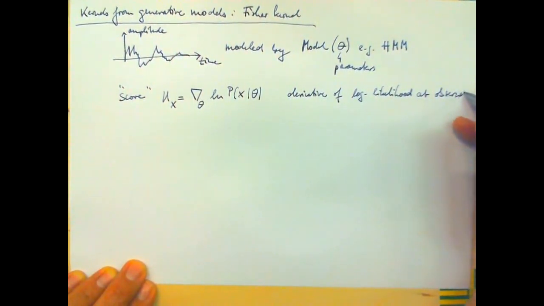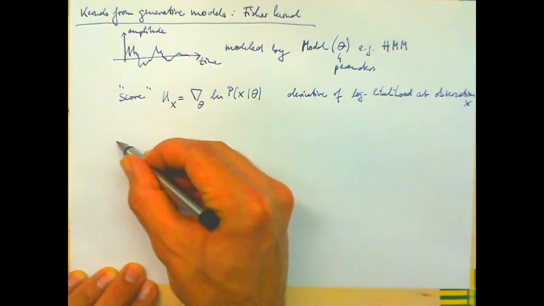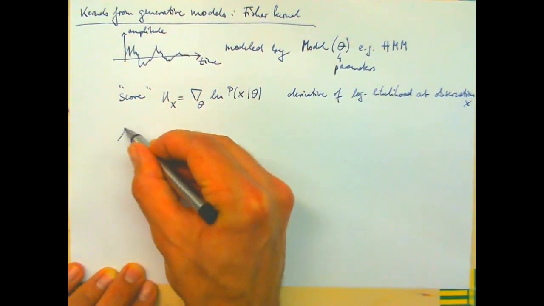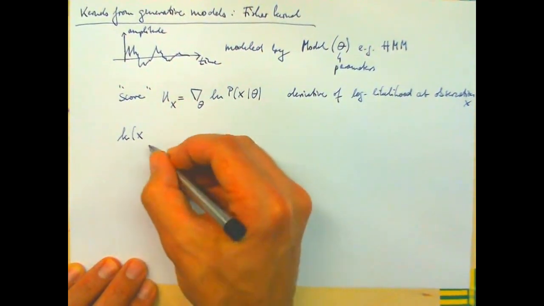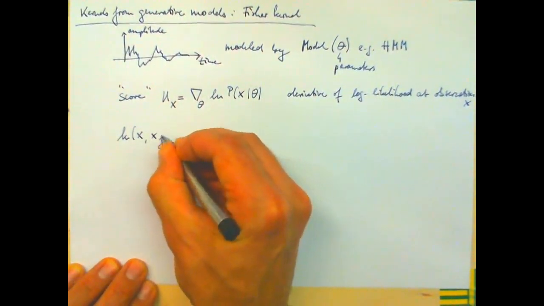So we have the derivative of the log likelihood at some observation x. And we can now compute a kernel for a query point x and a reference observation xj.